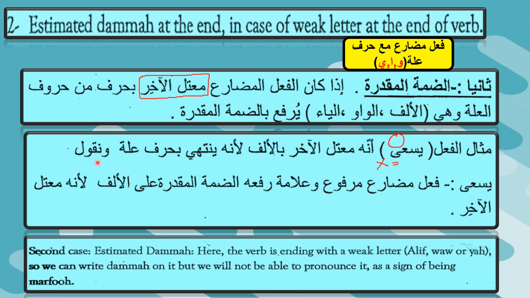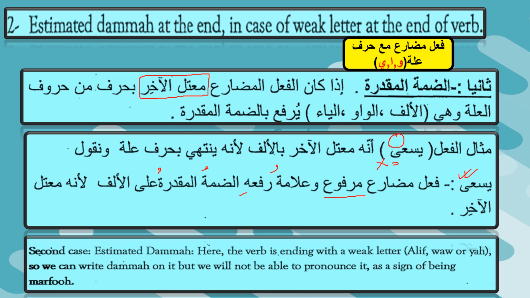ونقول, and we say, how you say the Arabic is important. So in this case, you can only say فعل مضارع مرفوع. It is مرفوع, وعلامة رفعه الضمة المقدرة على الألف.